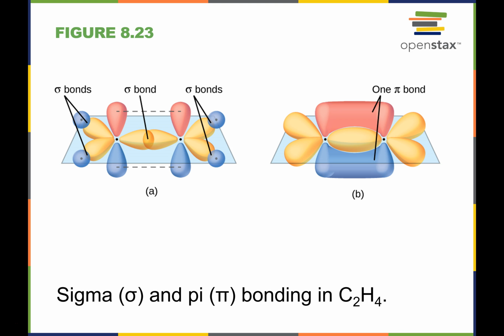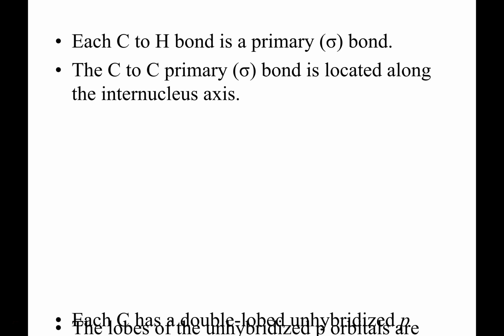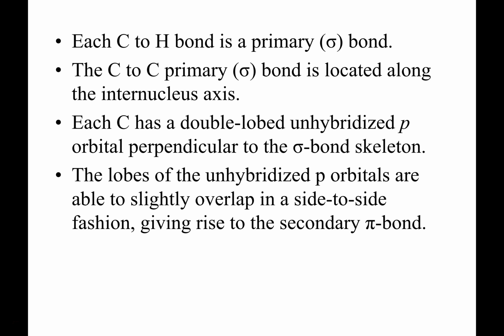So again, here we have sigma, sigma, sigma, sigma, sigma, pi. This is what I've been talking about. The sigma bond, or the primary bond, think of it as connecting the nuclei of the atoms. They're going to be connected. Then the pi bond takes what's left over, above and below.